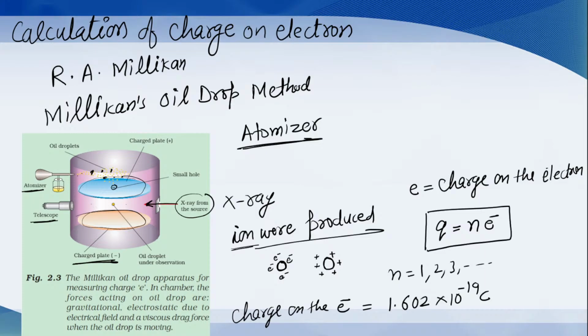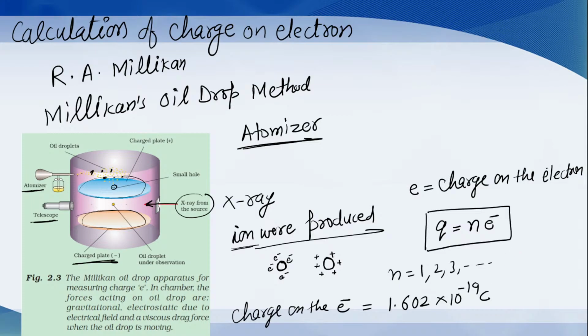In this way, he calculated the charge on the electron, and it was found to be 1.602 into 10 raised to power minus 19 coulomb. Now, let us calculate the mass of the electron.